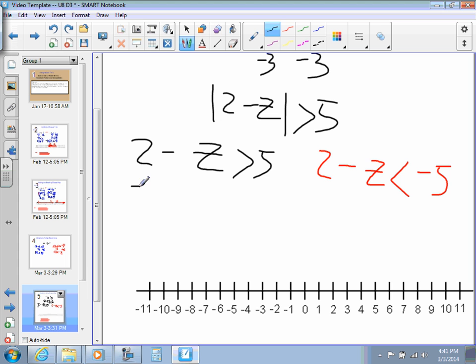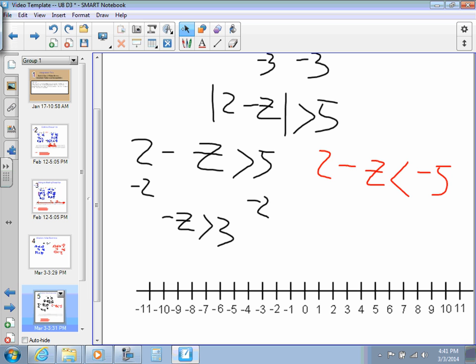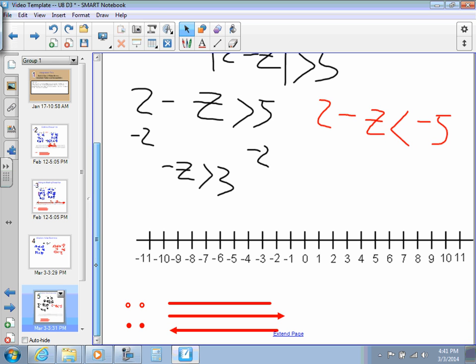Nothing new there. I'm going to subtract 2 from both sides of the inequality, giving me negative z is greater than 3.